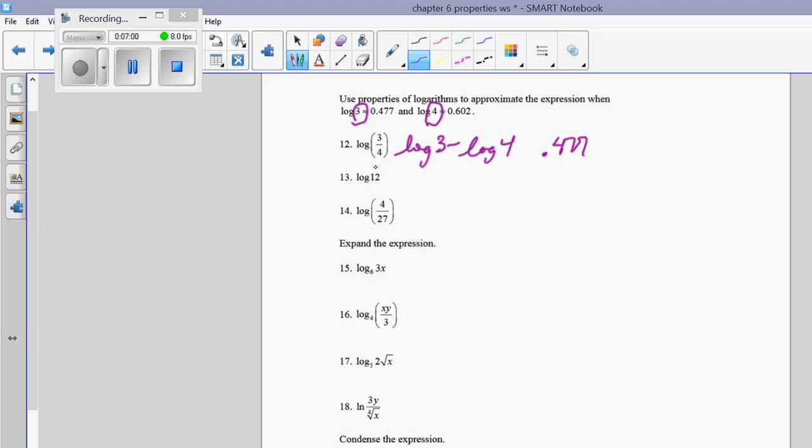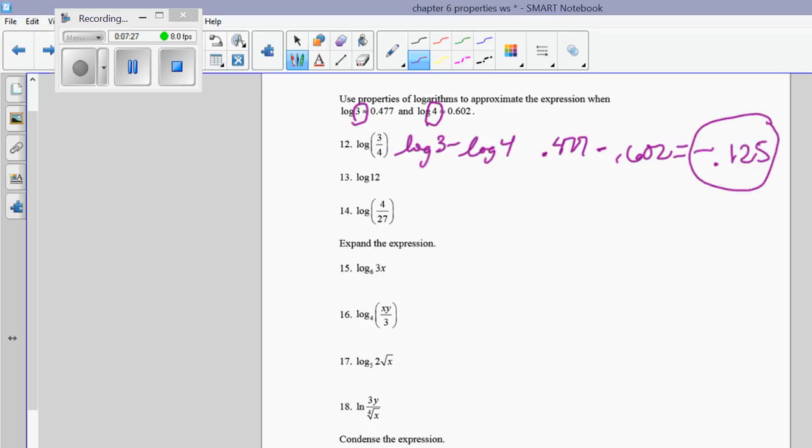And the log of 4 is, so hold on, minus 0.602. And now I can do that by hand. See, that's why in the good old days before calculators, this was the rock star method of getting things done. But now that we have our calculators, we could technically cheat, but it's negative 0.125.